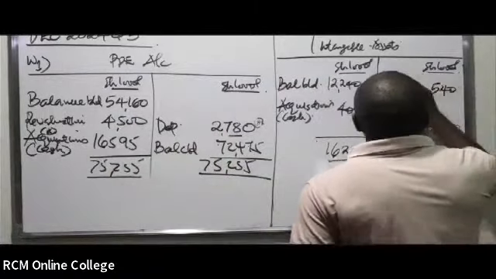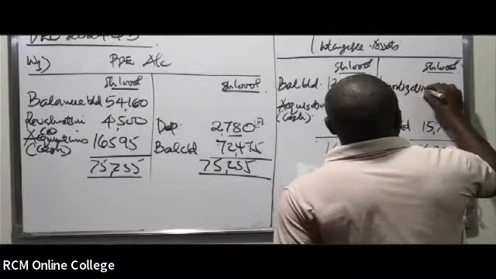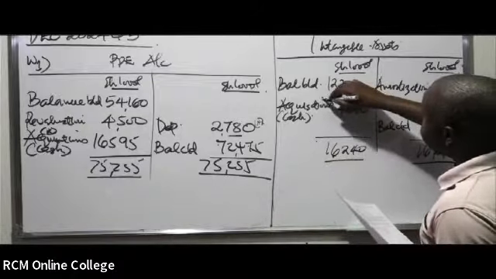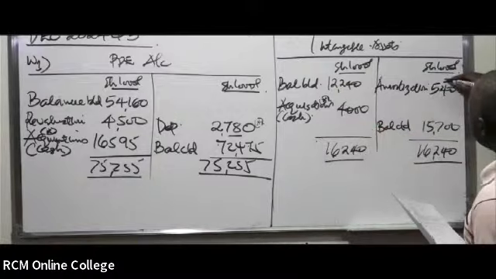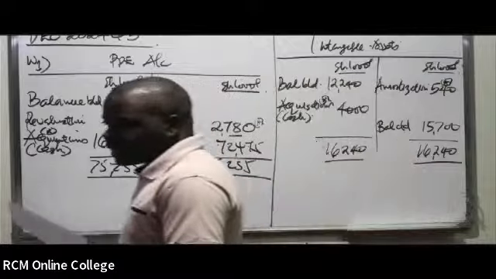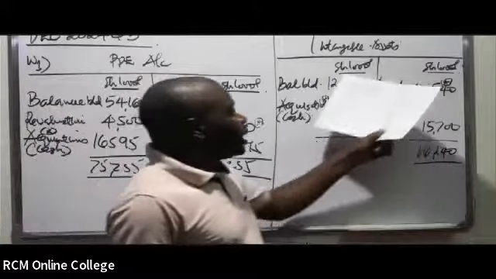The 540 becomes what? The amortization. For intangible assets, we don't depreciate them, it is the amortization. And therefore, this one will appear under investing activities, and this one will appear under the non-cash items. That is the amortization, the loss of value on the intangible assets.